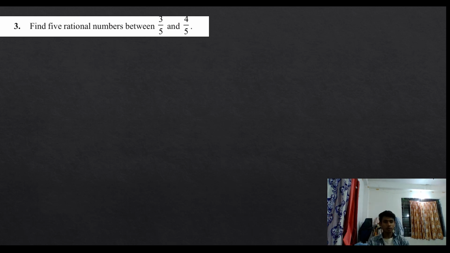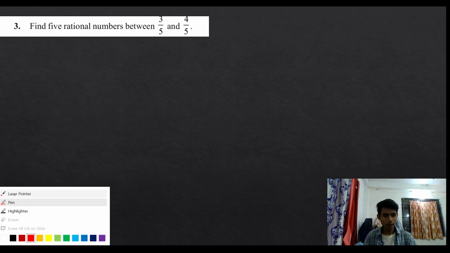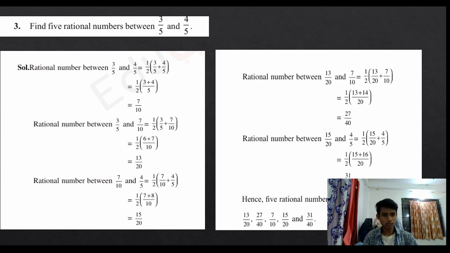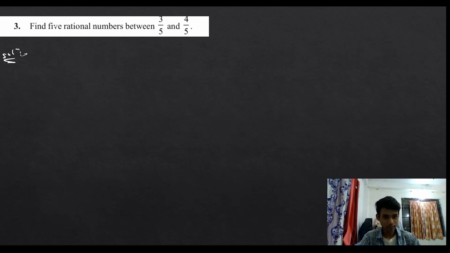Similarly, we have to do it for 3 by 5 and 4 by 5. Now for question number 3, I will solve it only with method number 2 because I have solved method number 1 in the first form.